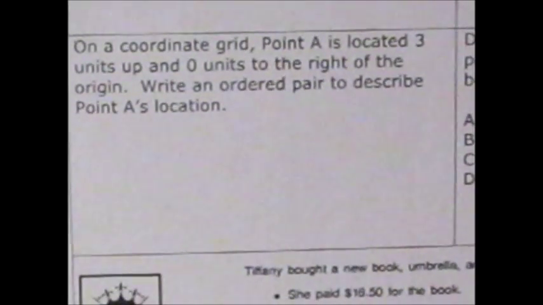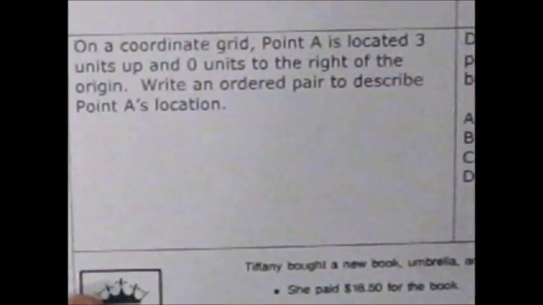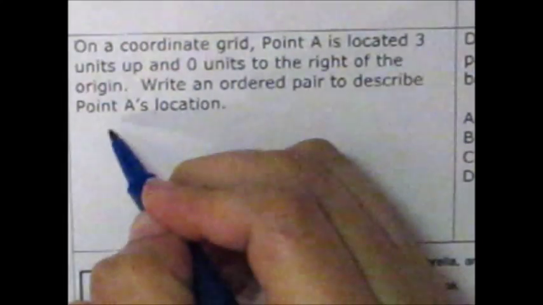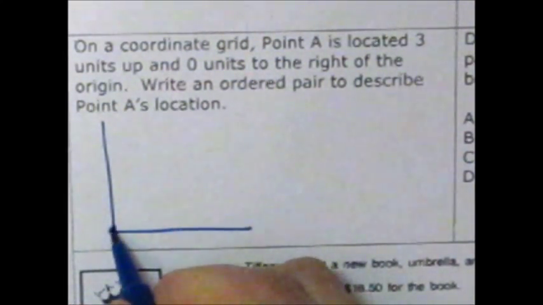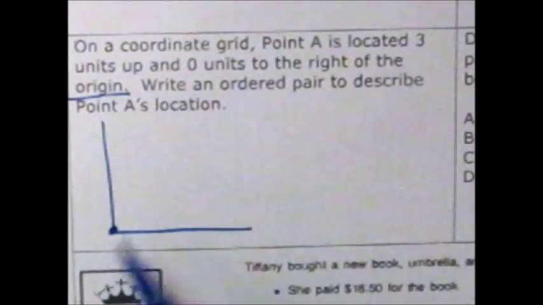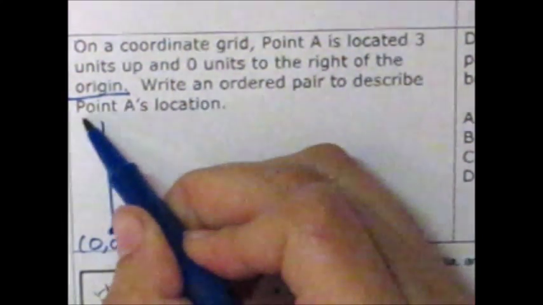Right there. It says, on a coordinate grid, point A is located 3 units up and 0 units to the right of the origin. Write an ordered pair to describe point A's location. So here I have enough space to do a grid, so I'm going to do that now. It's talking about the origin, so I know that that's where x and y intersect.